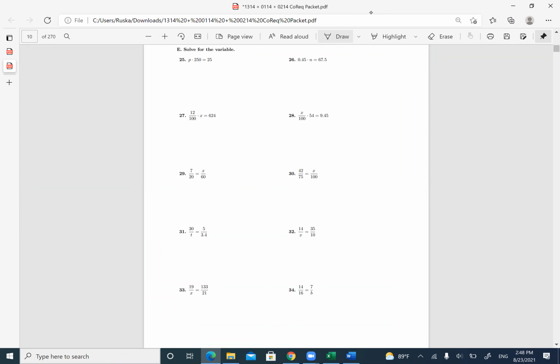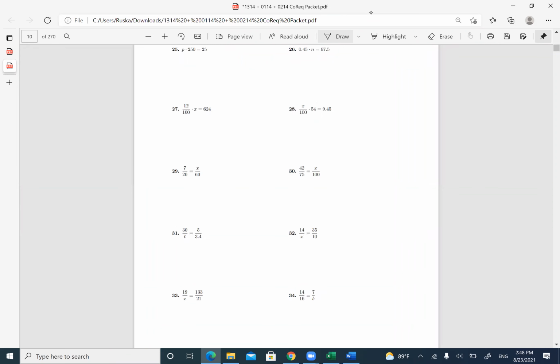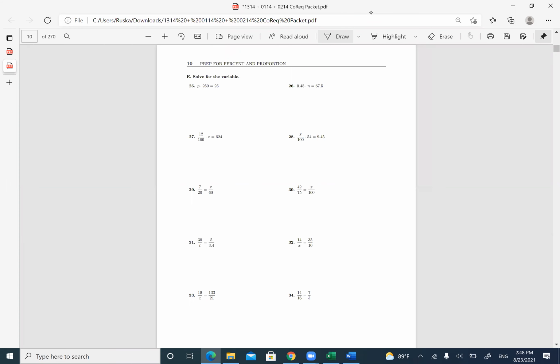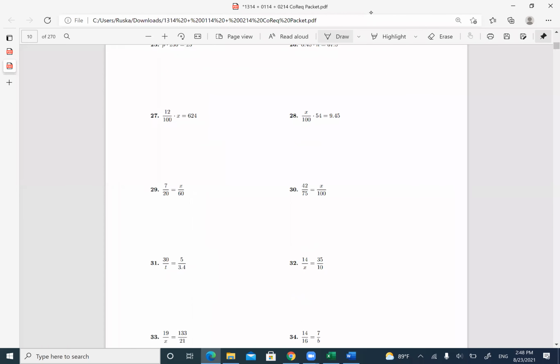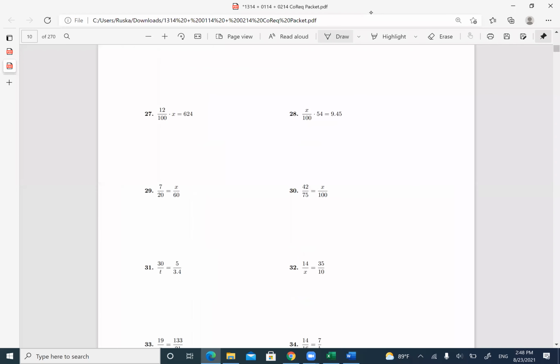We're going to leave this for homework, just to practice. Are you okay to practice this? Do it by yourself, solving this equation and getting x or p by itself. Can you do that?